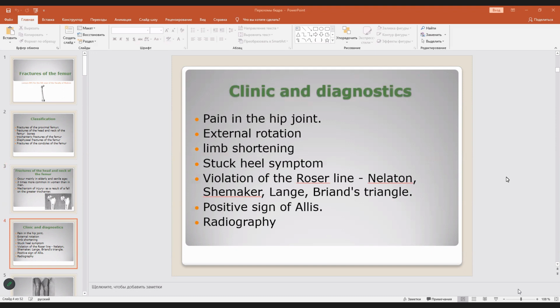Clinic and diagnostics. Pain in the hip joint, external rotation, limb shortening, struck heel symptom, violation of the Rosenthal line, Schumacher line, Bryant's triangle, positive signs of Ellis, and radiography.